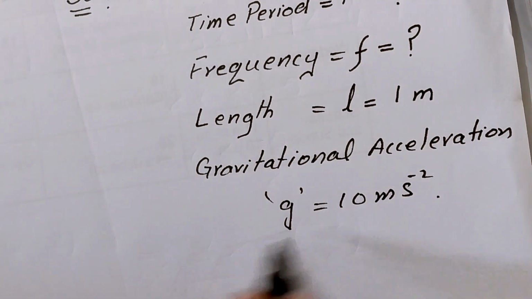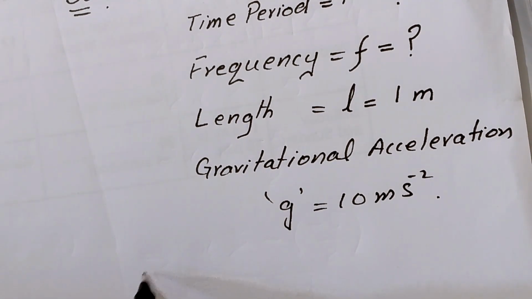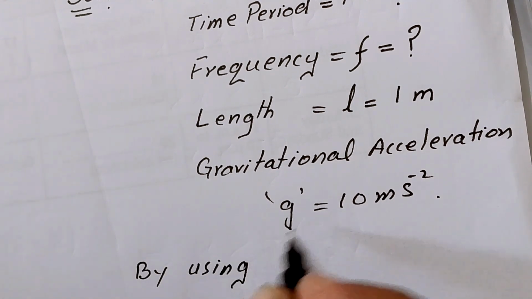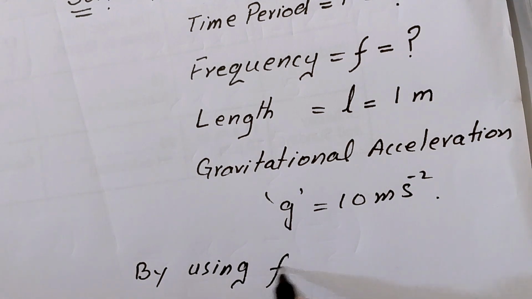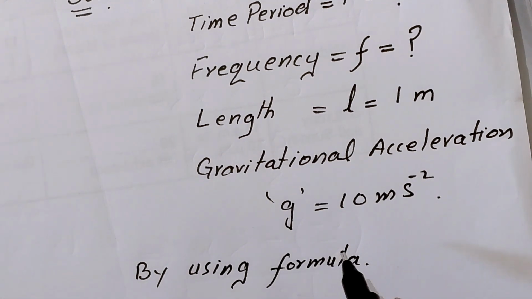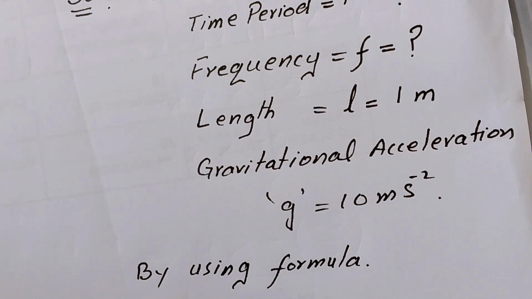So here, by using formula, we know that the formula for the time period is T equals 2 pi square root of L over g, okay.